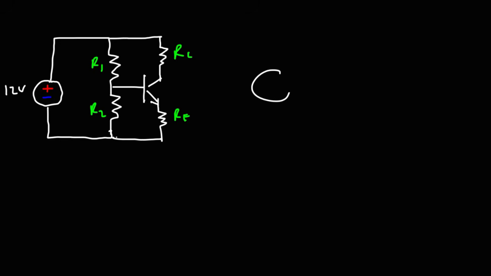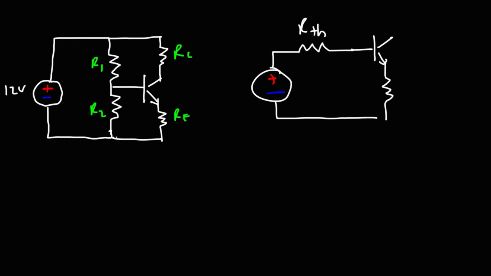So here's what we can do. This is going to be the voltage source, and this is going to be the Thevenin resistance, and then we're going to connect that to the base and the emitter part of the transistor, and then we have the emitter resistance, because that's the part of the circuit that we need to focus on to calculate the base current, which flows through the Thevenin resistance, or the equivalent Thevenin resistance.